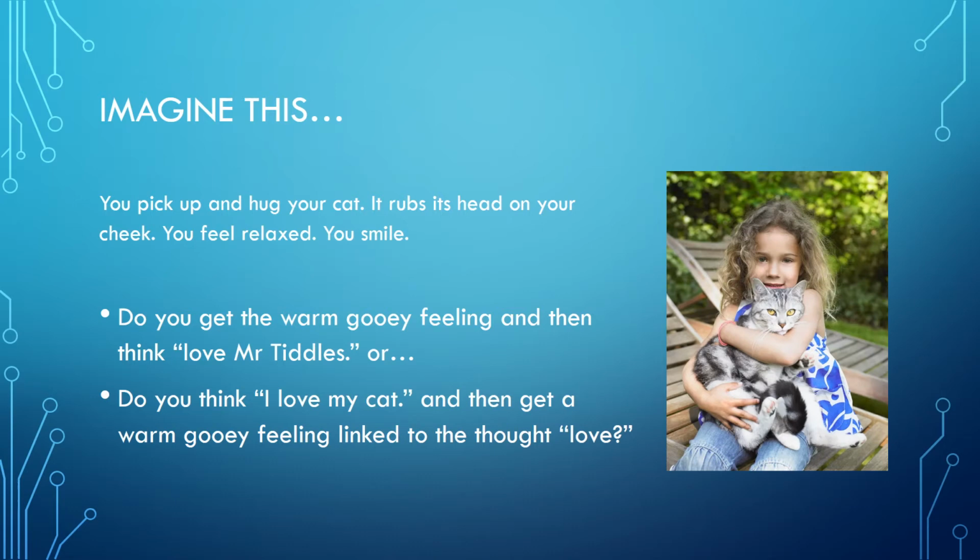Or do you pick your cat up, think, I love my cat, and then because you've thought you love him, do you get the warm, gooey feeling? And it's a very interesting question. Which comes first, the thought of the emotion or the physiological change that happens in your body?